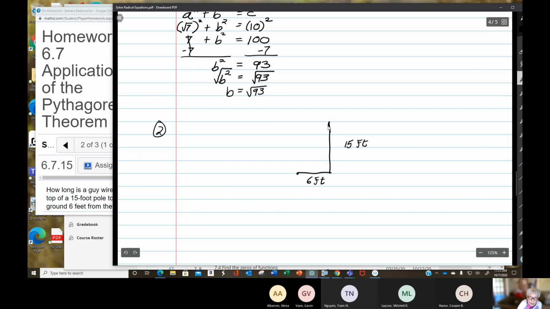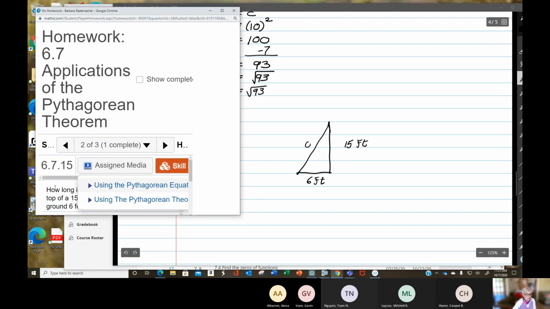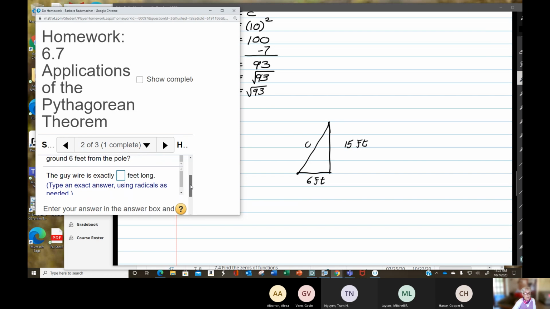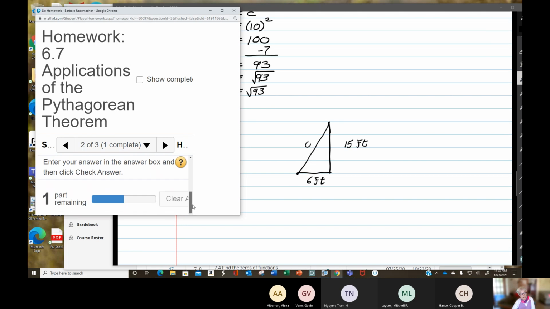That makes the hypotenuse, the C side, right there. We're going to have to find C. How long is the wire? The guy wire is exactly how many feet long, and then you've got to find the decimal approximation.